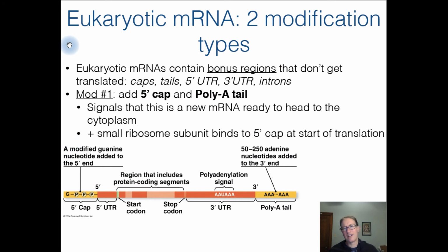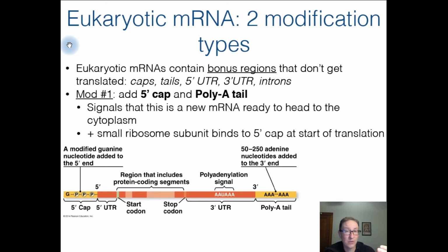There are two major types of modifications that are made to RNA after the messenger RNA has been transcribed. The first thing is that eukaryotic messenger RNA will contain extra regions that don't wind up getting translated.